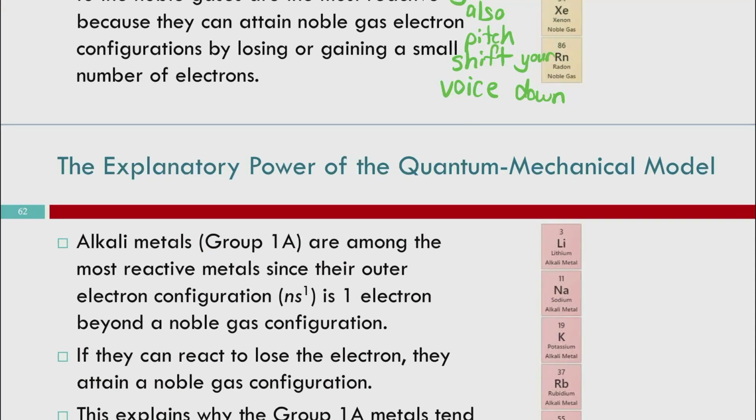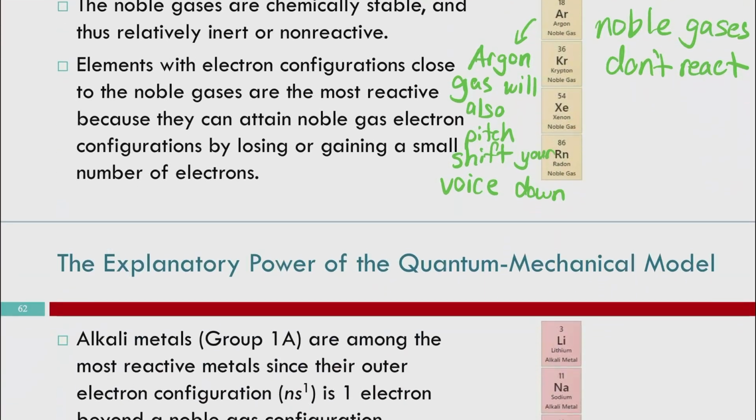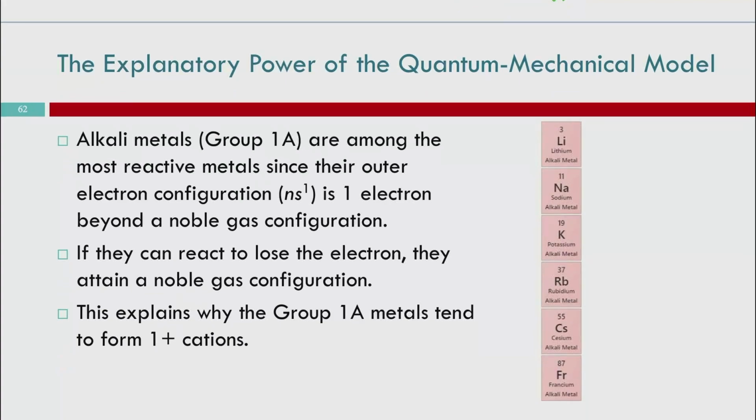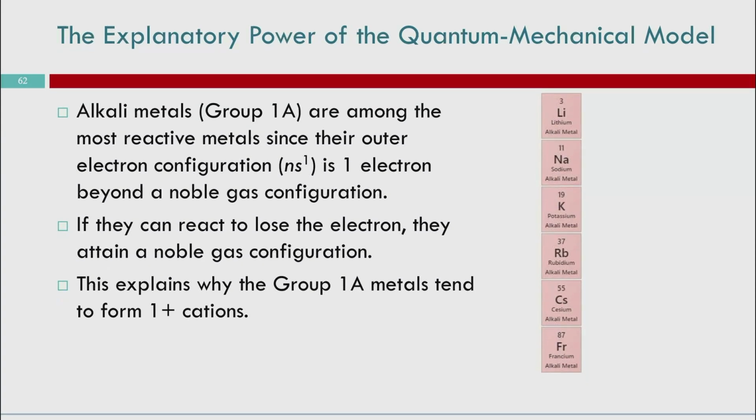And essentially all of the other elements, we can think of them as just wanting to be like these noble gases. They want to be these gas nobilities. And so if things are really close to noble gases, they will very rapidly lose or gain electrons to try to become like a noble gas. So talking about alkali metals next, our alkali metals being our first column on the periodic table.